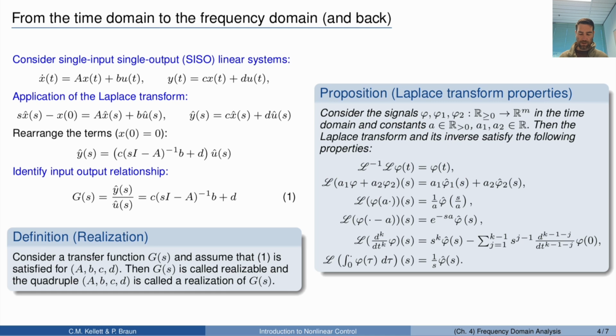A different question that could be asked would be, well, can we also go from the transfer function to the linear system representation? And yes, there are also ways to calculate that. It's not as straightforward by hand, but there are tools like MATLAB which can easily do that, switching between transfer function representation and ABCD representation.